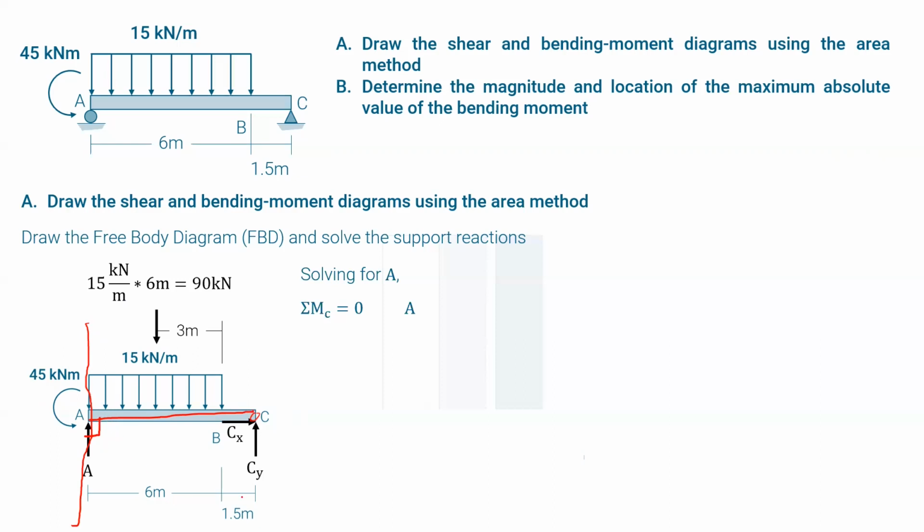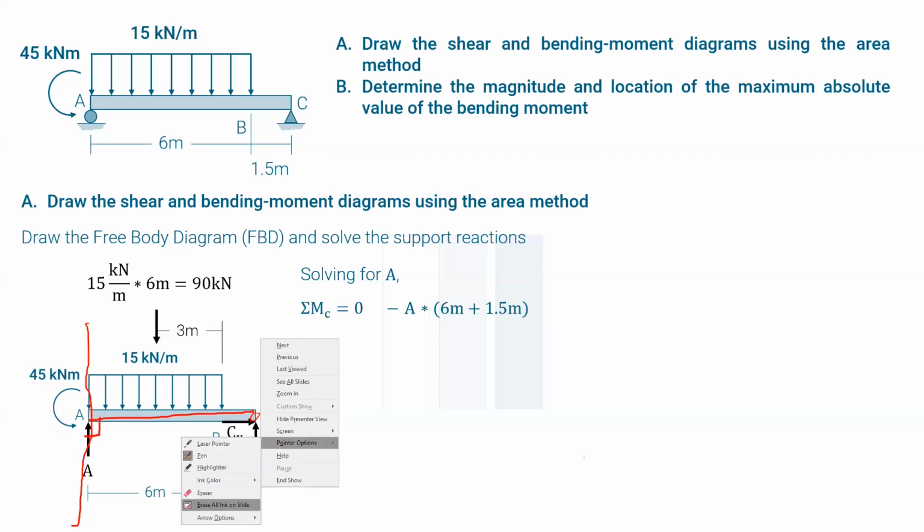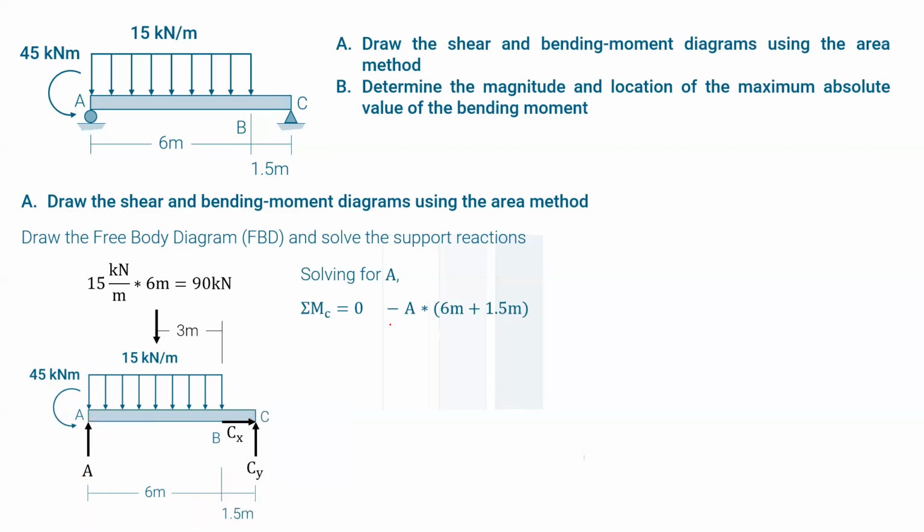Okay? And that's just 6 plus 1.5. That's by right-hand rule, you'll be able to get that the moment of A about C is negative.